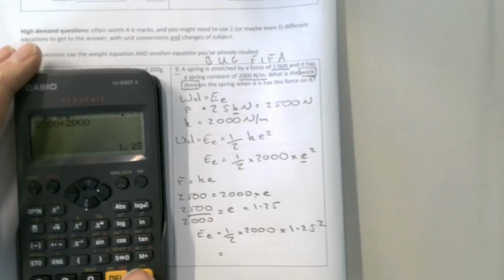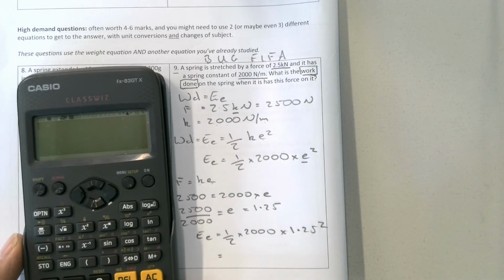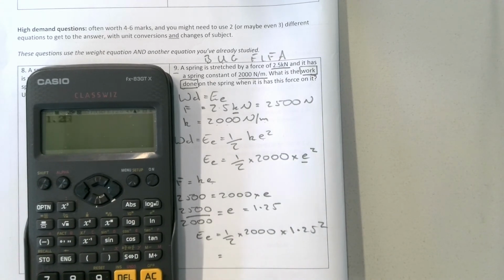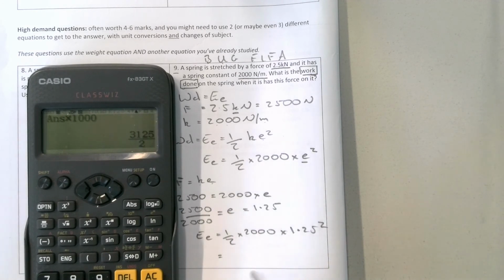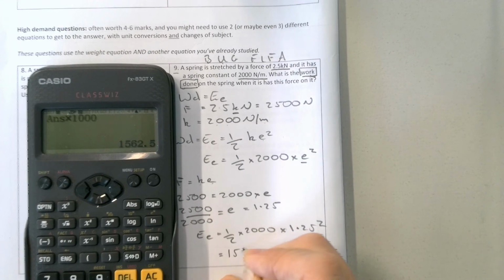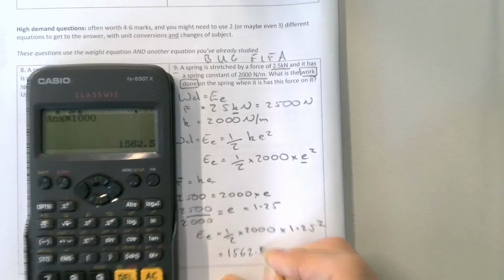Let's pop our numbers in. A half times 2000 is 1000. 1.25 squared is equal to 1.5625, times 1000, and that will give me 1562.5.